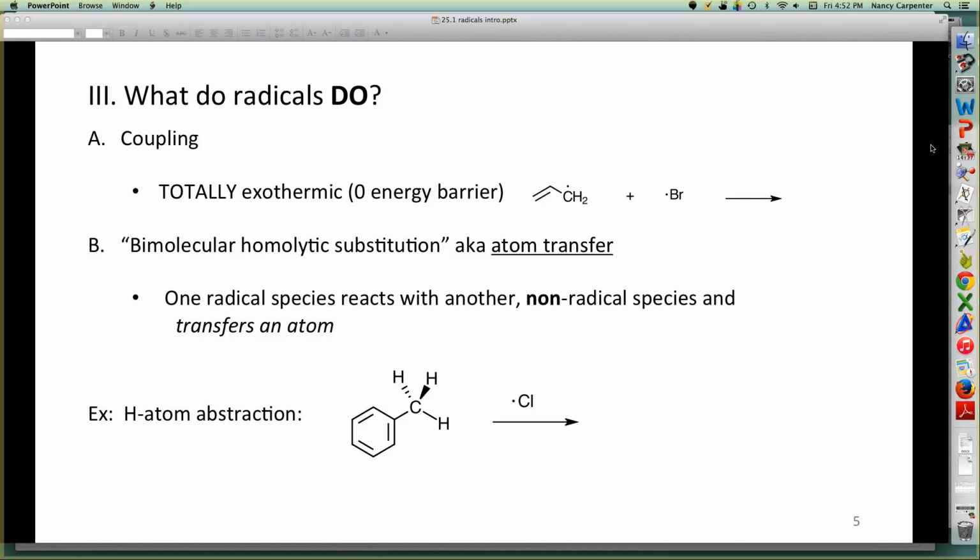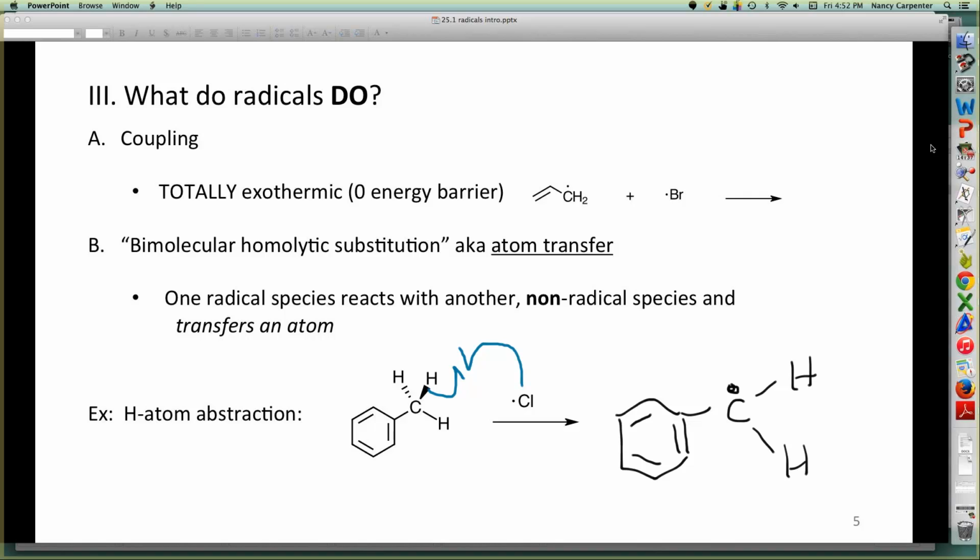then the chlorine radical will say, can I transfer an atom from that toluene and make a nice stable radical? And of course it can, if it abstracts one of those 3 methyl hydrogens, then what do we have? We have a benzyl radical that can really be delocalized right there.